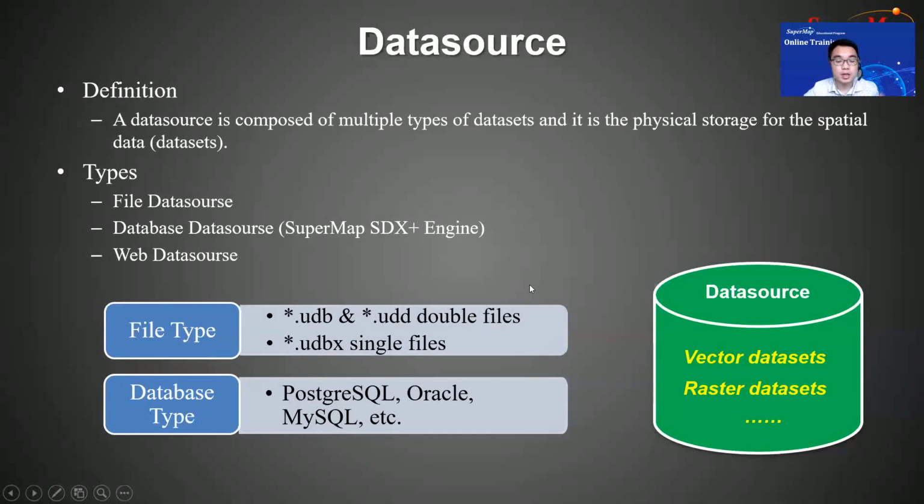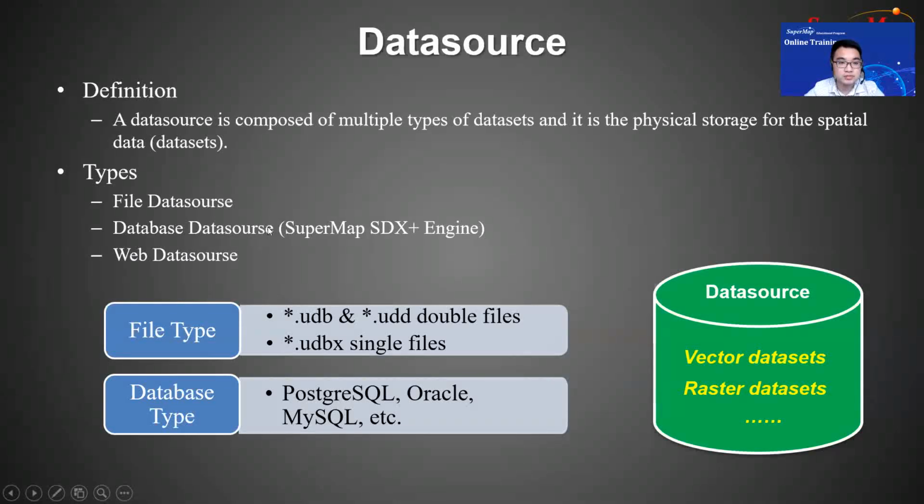And then the second part, I will show the data source. From here, you can see actually we manage all the vector data and also raster data in the data source. For the data source, we have three types: the file data source, the database data source, and also the web data source.